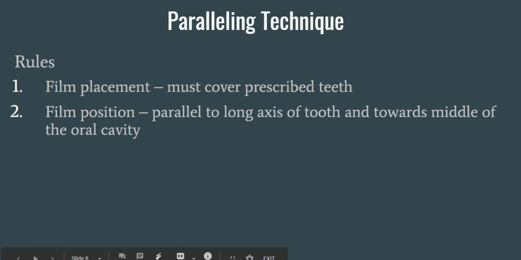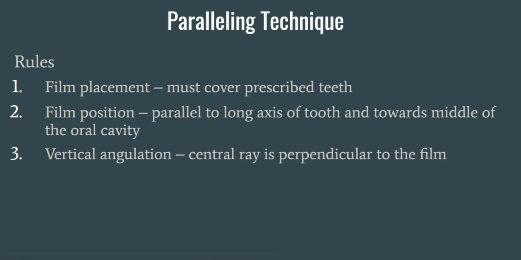The third rule is vertical angulation. The central ray is perpendicular to the film. Remember, you're thinking of that long axis of the tooth as the line you're kind of aiming for, and that central ray needs to hit it so that the two of them together form that right angle.